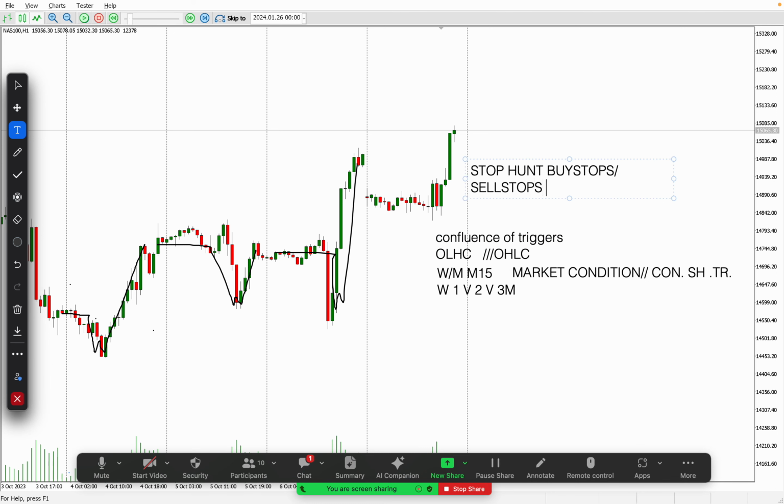So we identify consolidation, stop hunts, and trends. These are all the stops the market is looking for. In the stop hunt, the market maker is essentially looking for buy stops, sell stops, or take profits and stop losses.